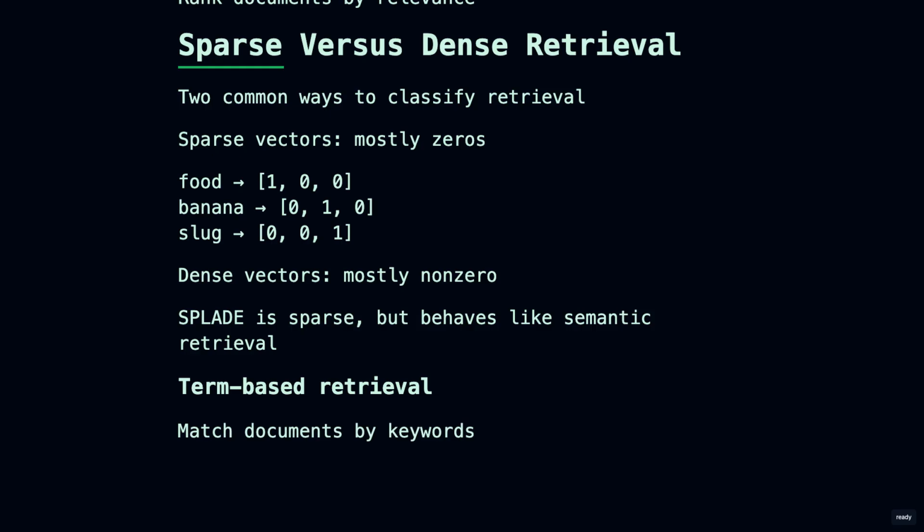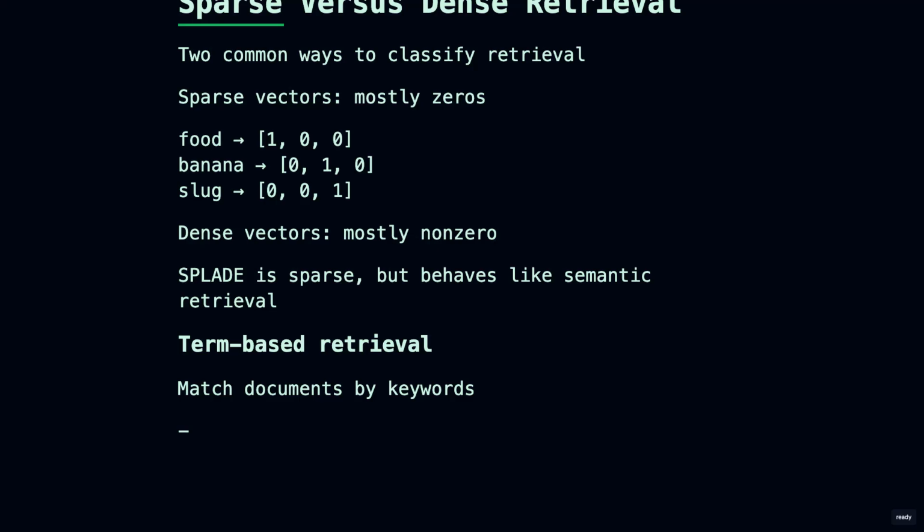It's straightforward, but it can struggle when the exact wording is too broad or too literal. First, many documents may match the same term, so you still need a way to choose among them. That leads to ranking signals instead of a pure yes or no match.